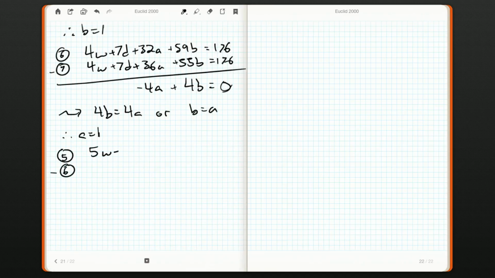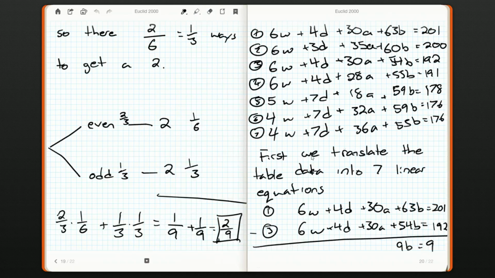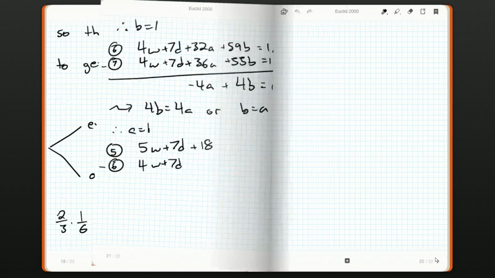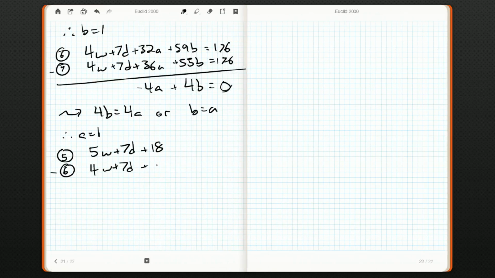That's 5W plus 7D, 4W plus 7D. I think it was an 18, but let's actually just go back and check. 18, 32. And the 59Bs are going to cancel out as well. $178, $176.